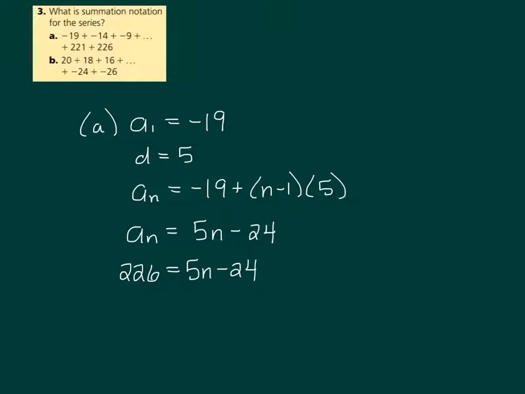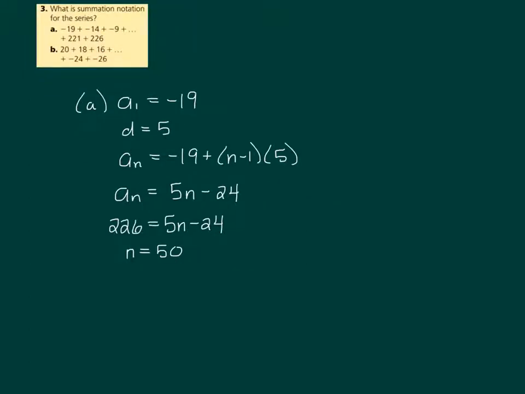So set 226 equal to 5n minus 24. And we find that it is the 50th term. Everybody with me there? So then what is the sigma notation? It is the sum as n goes from 1 to 50 of 5n minus 24.